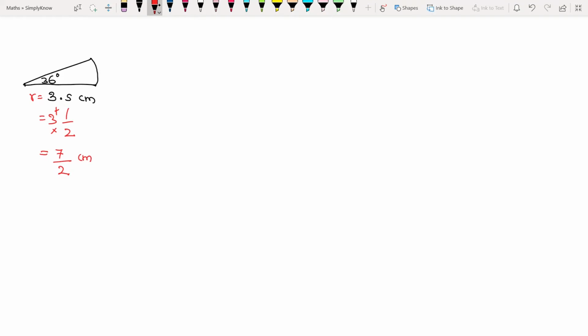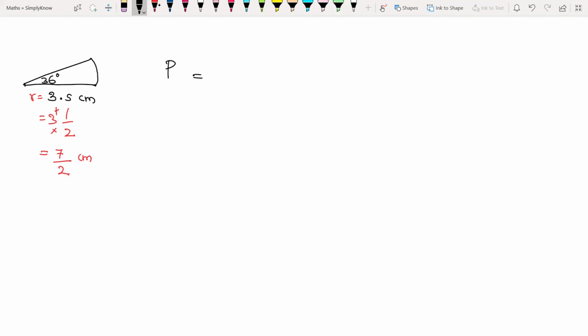Now why did we do this? Because it's easy for us to simplify when we take fractions. Because we can use simply cross simplifications. So let's find out the perimeter.